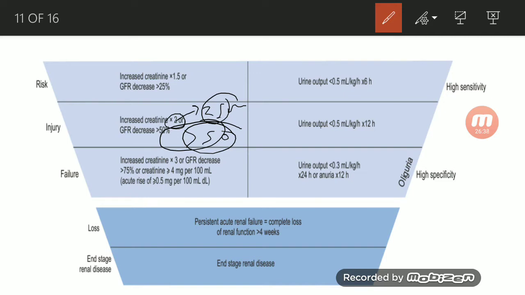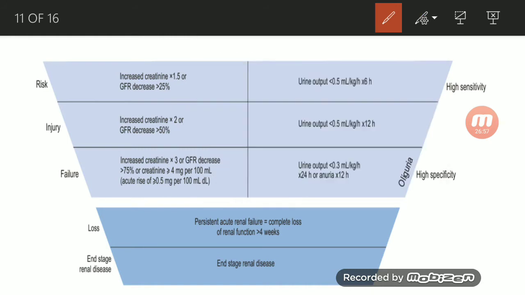Or when you talk about urine output, if it is less than 0.5 ml per kg per hour for 12 hours, then you are in an injury state.